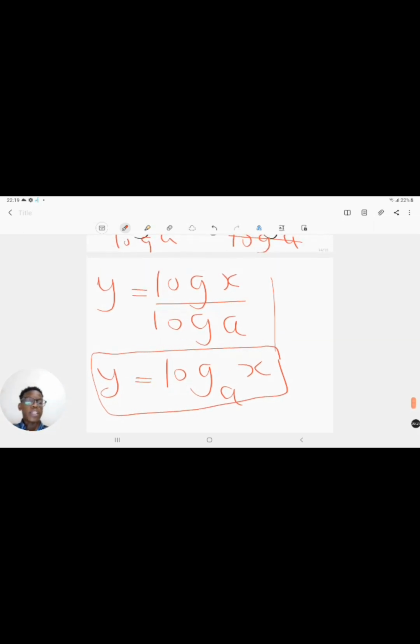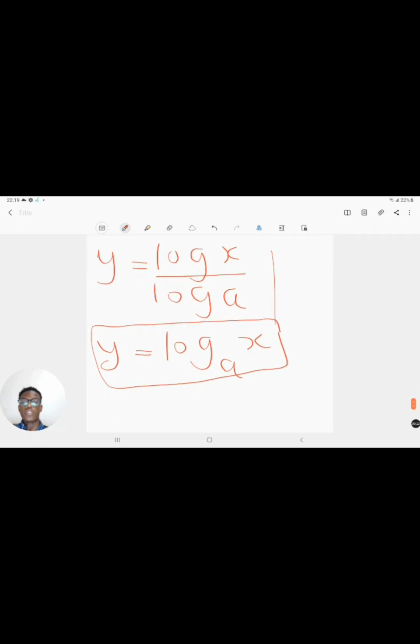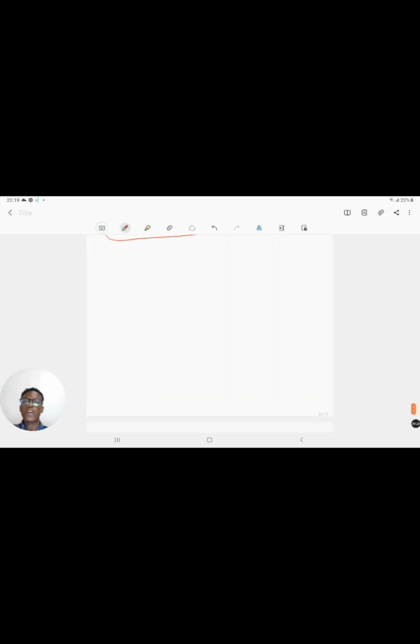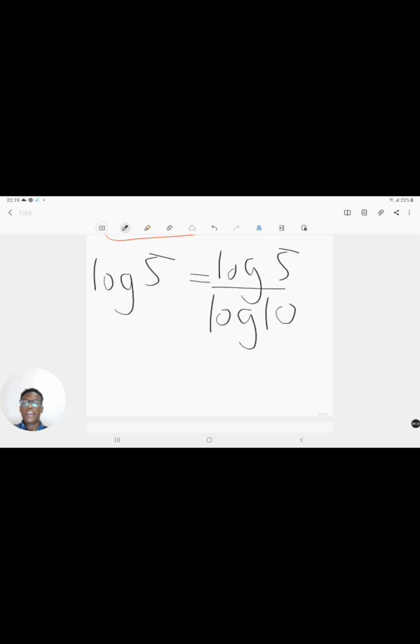Okay, so let's do a couple of easy examples to demonstrate this law. So if you've got log 5, this is the same as log of 5 divided by log of 10. Why do I have a 10 there? Remember, if you don't have a number written down there, then your base is 10.